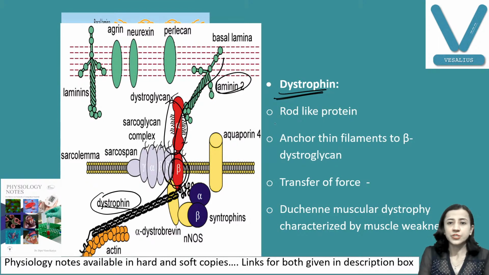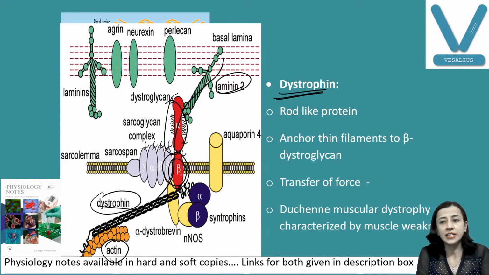I repeat, dystrophin is a rod-like protein. It is connected on one side to the actin filament, and on the other side to beta dystroglycan, and this beta dystroglycan is attached through alpha dystroglycan to the laminin. So it transfers the force from the contractile system to the extracellular region through the transmembrane protein, and therefore it maintains the survival of the cell.